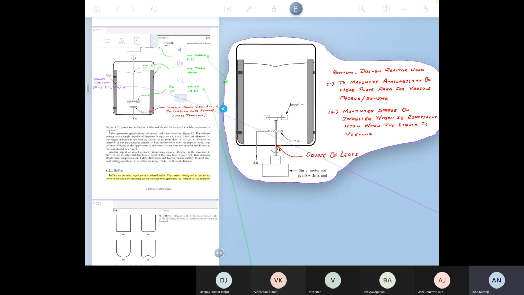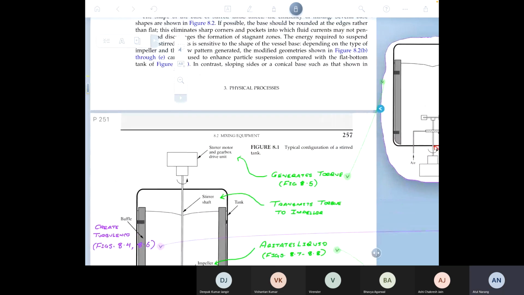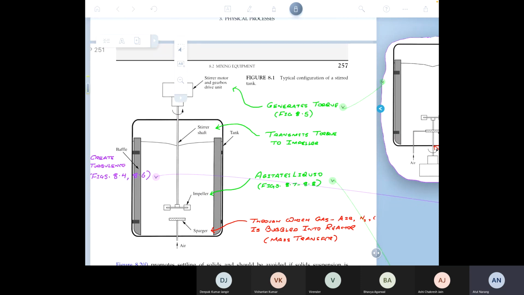So with that background, let me come back to the second topic, which is impellers. Now, these impellers, they also come in many different flavors, and I'm going to show you.